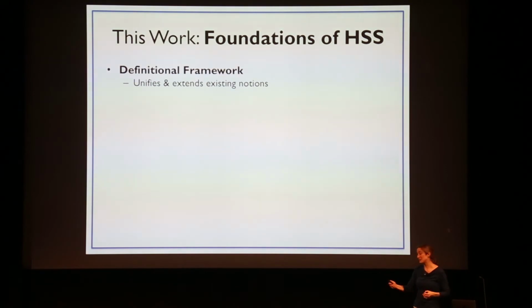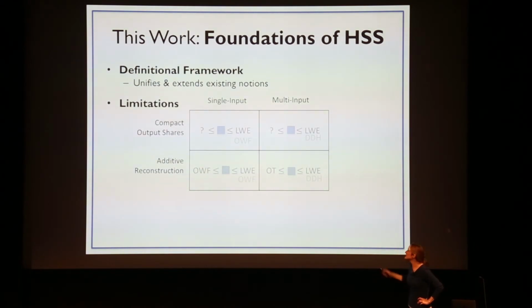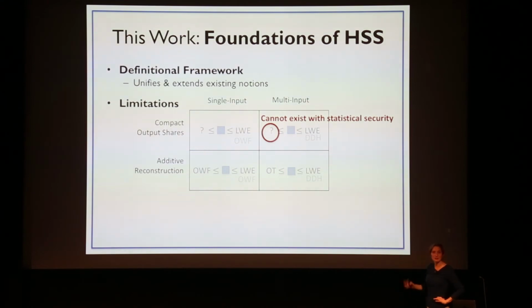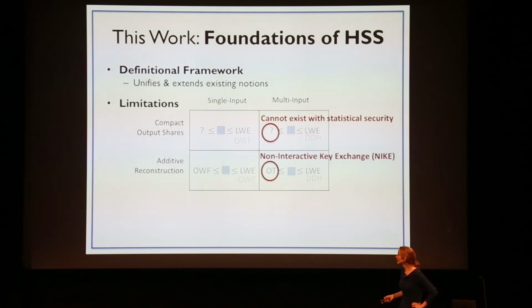Oh, really? Oh, wow, okay, you are not going to see much of our results. We give a definitional framework. In terms of this box from the previous slide, we show two different lower bounds, which is the bad news. We show that for compact and multi-input, you cannot achieve this without some sort of computational assumption. And we boost this from oblivious transfer, which is a nice general assumption, to something known as non-interactive key exchange.